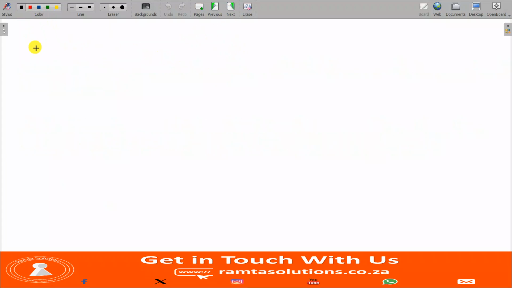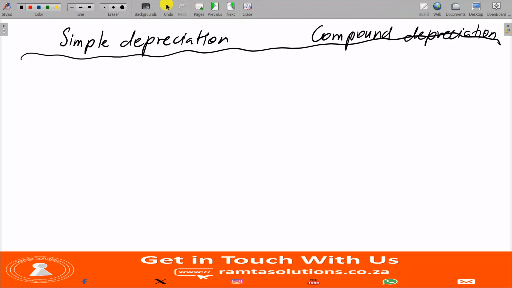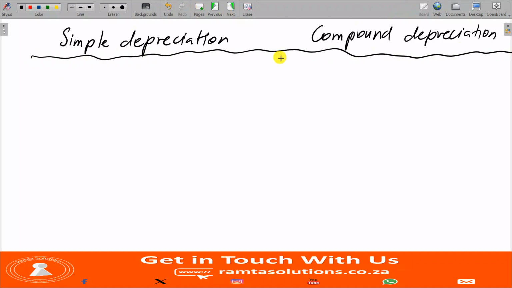Now let's differentiate these. We're going to look at simple depreciation, and then compound depreciation. Simple depreciation is also known as straight line depreciation.